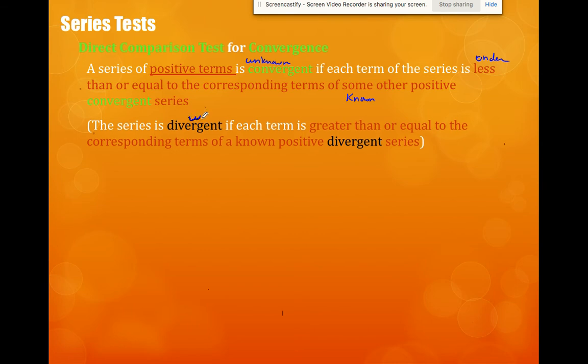The unknown series is divergent if, when you do a term by term comparison, the unknown is above the known. I should say not some other, I should say known positive convergent series.